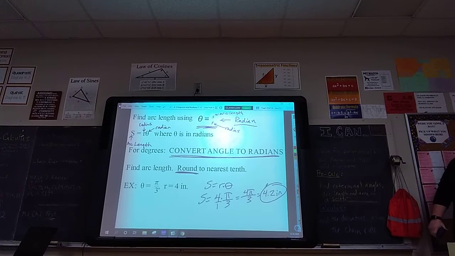So again, leave everything exact unless you see that word round in the directions, then go ahead and solve it out. So I took 4 times pi, divided it by 3, so I got 4.2. Questions about that one?